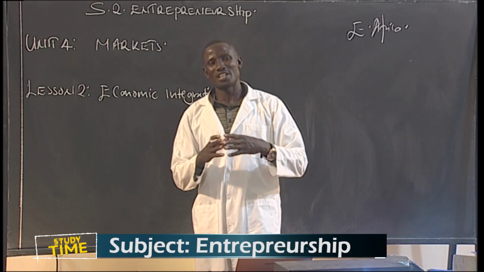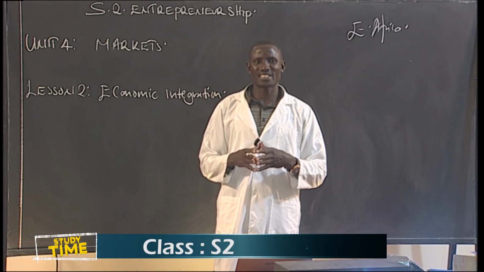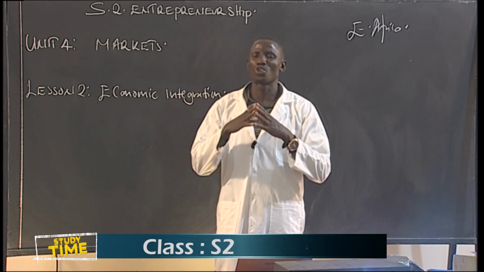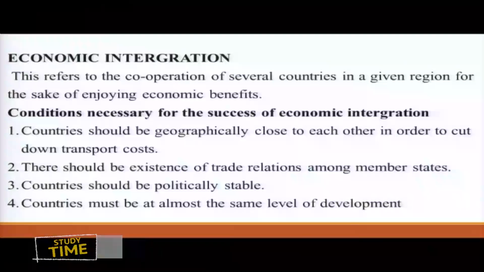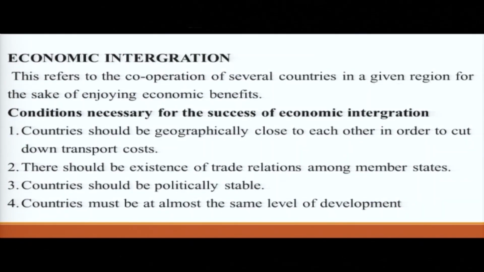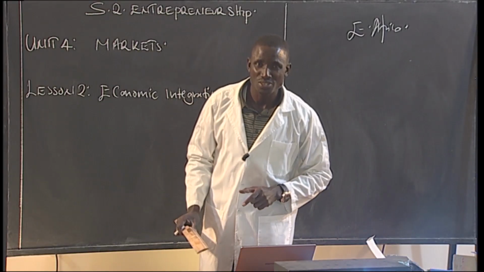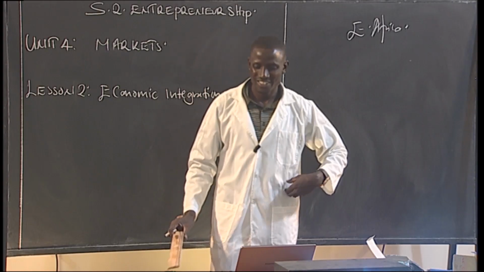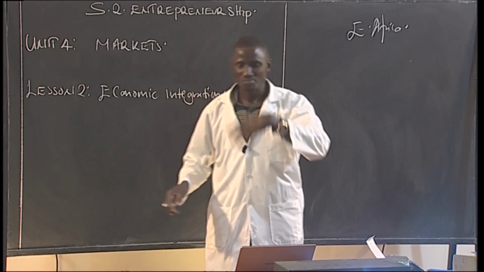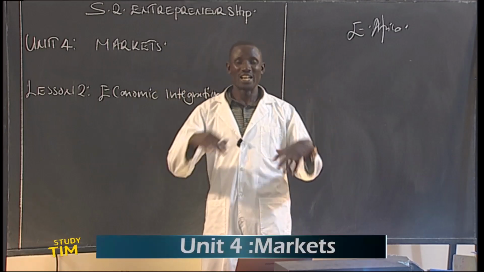So let's look at the conditions necessary for the success of economic integration. In other words, what is necessary to combine together? Those are the factors that we are going to look at.